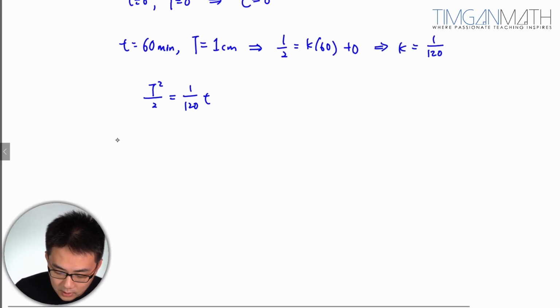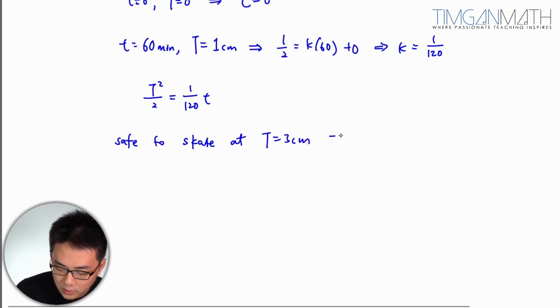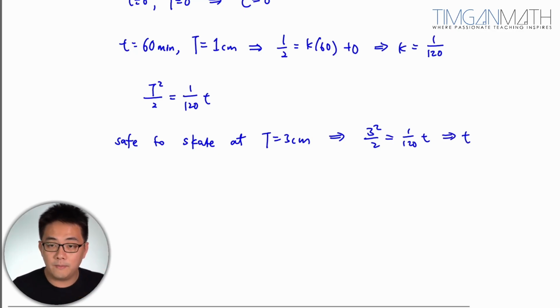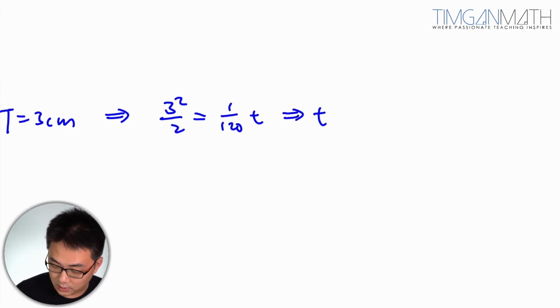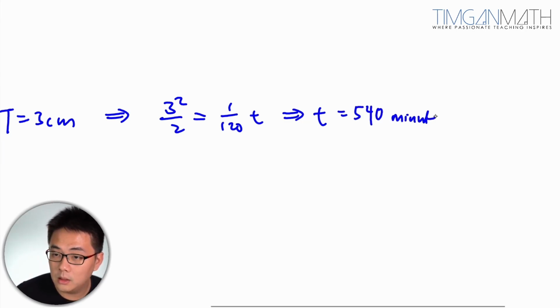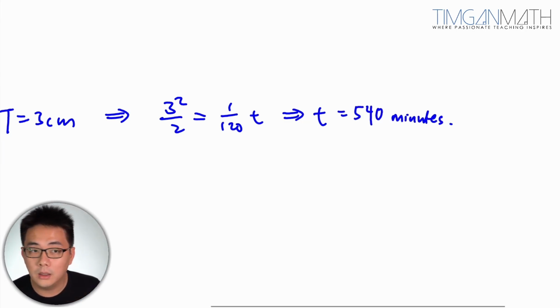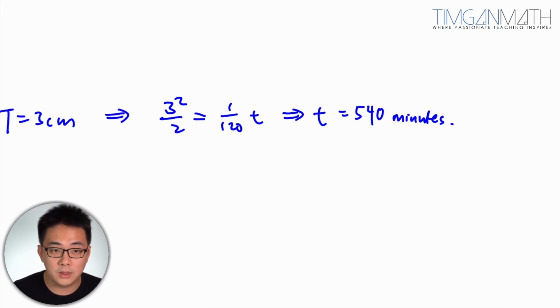So safe to skate at T equals 3 cm. So when T equals 3 cm, 3 squared over 2 equals 1 over 120 t. So t will be 9 over 2 times 120, which is actually 540 minutes. Okay, there you go. This is how you do this part here, meaning to say you need 540 minutes from the time it starts freezing, that is t equals 0.